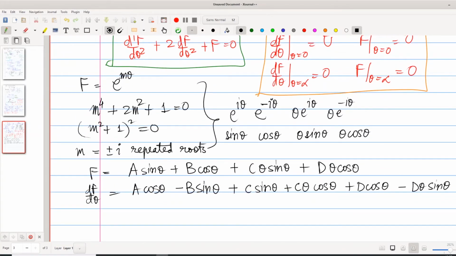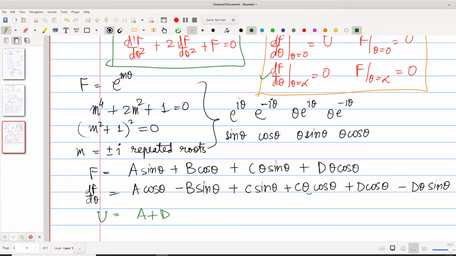Now we can write down the four boundary conditions. So the first boundary condition gives df d theta equals capital U at theta equals 0. So this will be 0, this will be 0, this will be 0 plus D. So A plus D is equal to U.